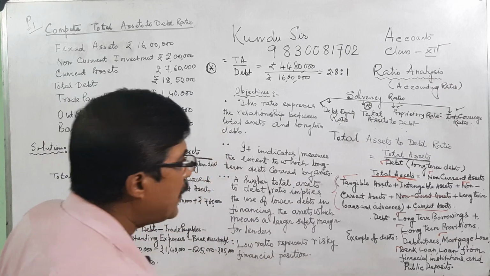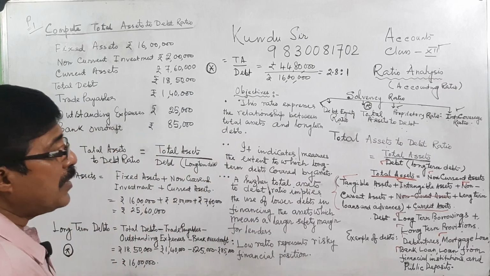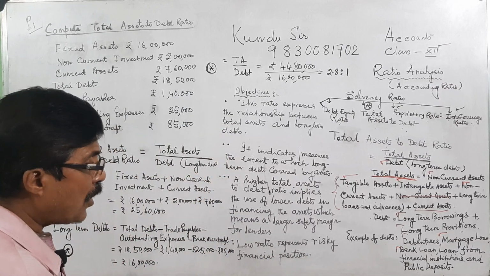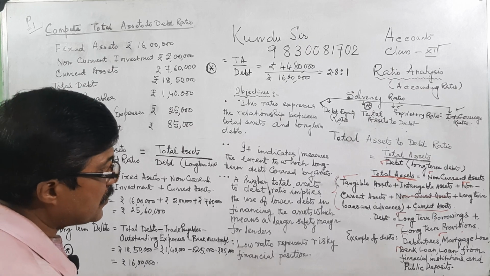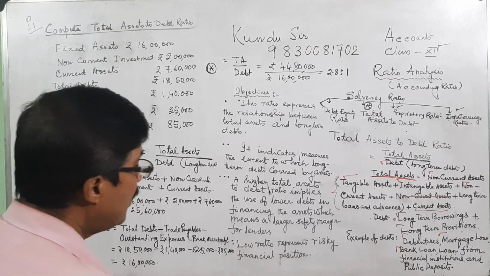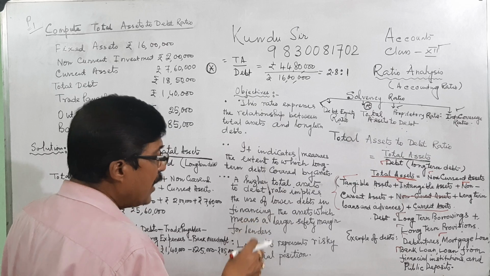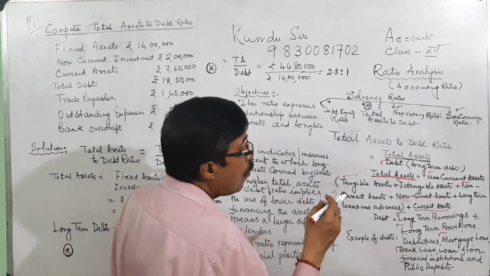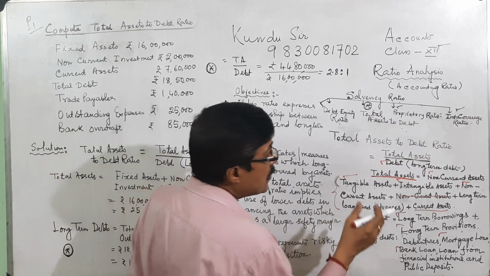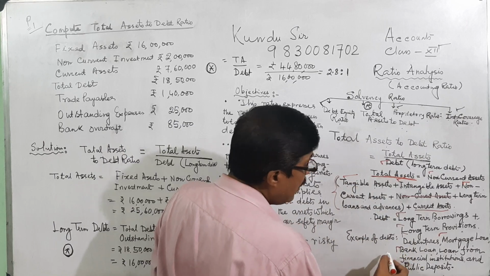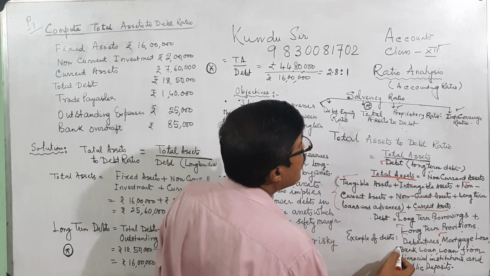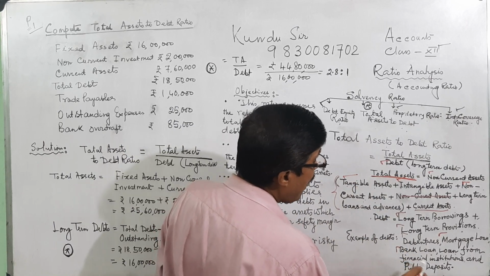When the public keeps deposits with different companies, it is called public deposit. It may be for 3 years, it may be for 5 years. But again I am telling about the overdraft. Overdraft is a current liability, it is not to be considered as long term liability.